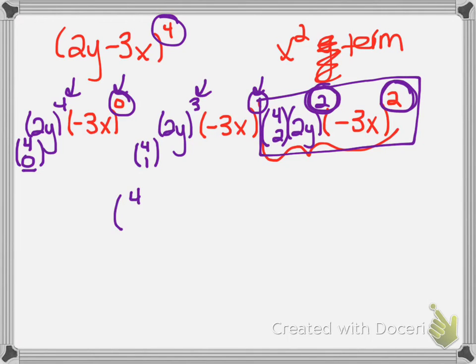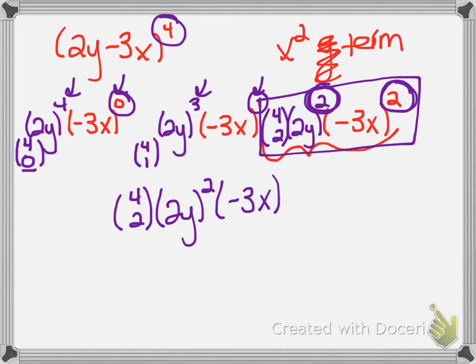We just want to do 4 choose 2 for the coefficient, 2y squared, and negative 3x squared. And then we would simplify just that one term in our expansion. Okay? Now we just did 4 choose 2, so hopefully we don't have to set that formula up. We already knew that that had become a 6.